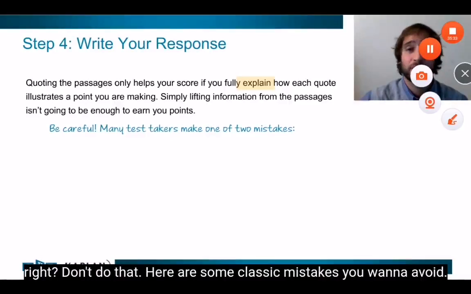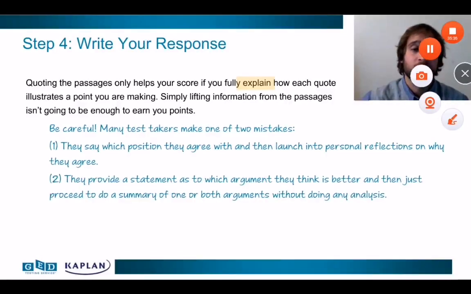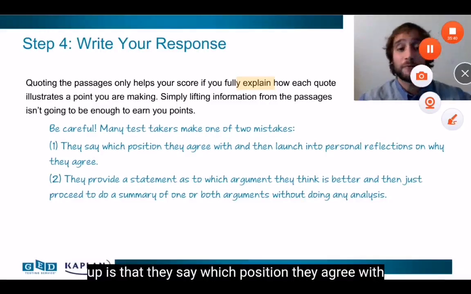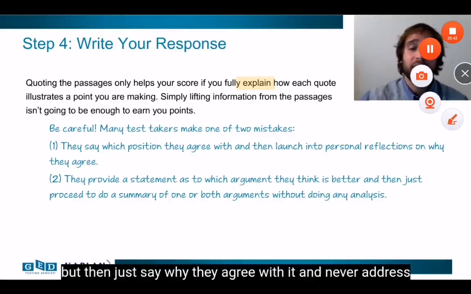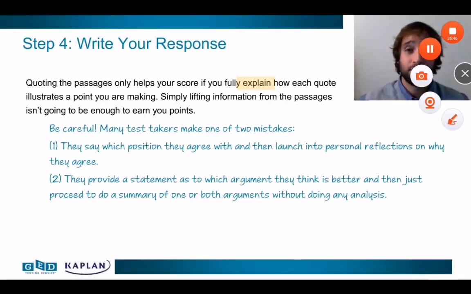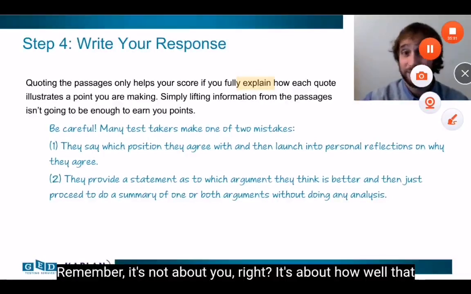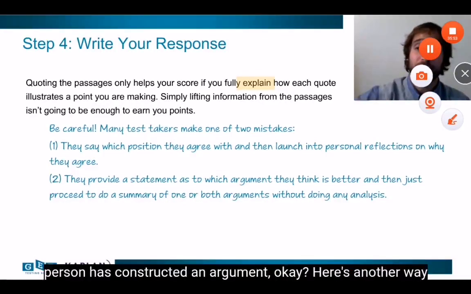Don't do that. Here's some classic mistakes we want to avoid. So one way that people tend to mess up is that they say which position they agree with, but then just say why they agree with it, and never address how well the author has supported his or her position. Remember, it's not about you, right? It's about how well that person has constructed an argument, okay?